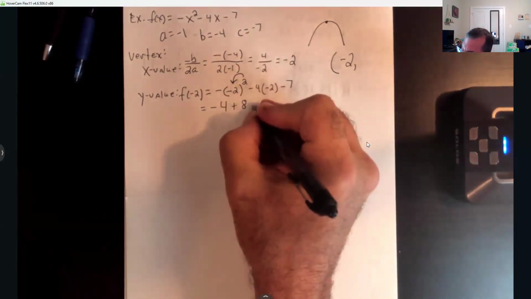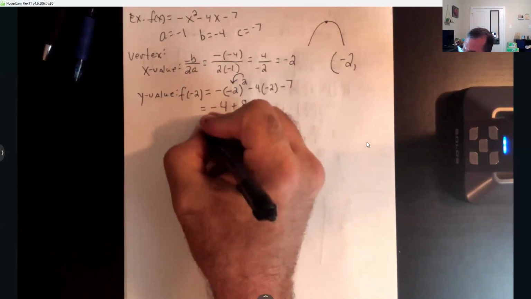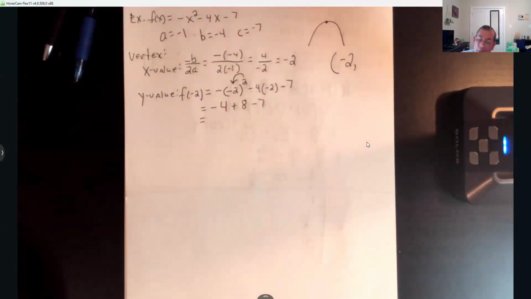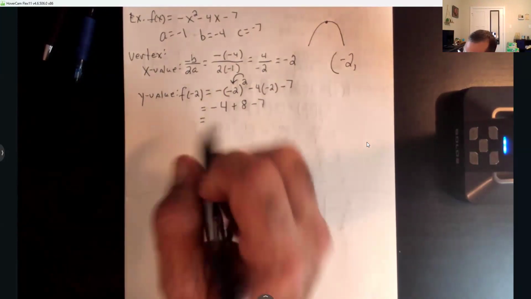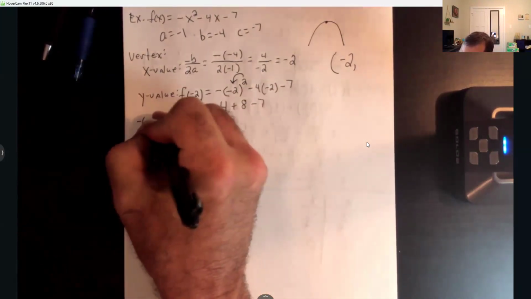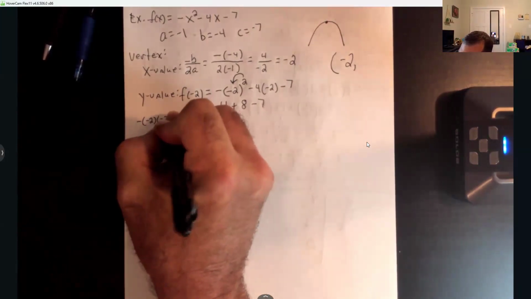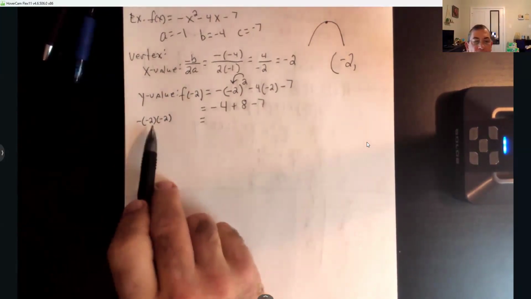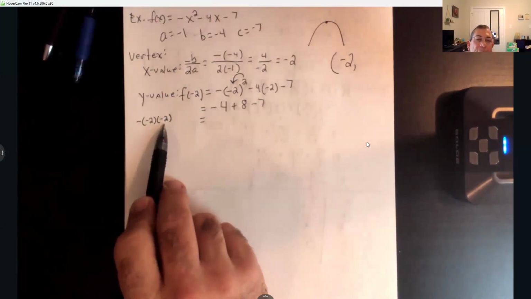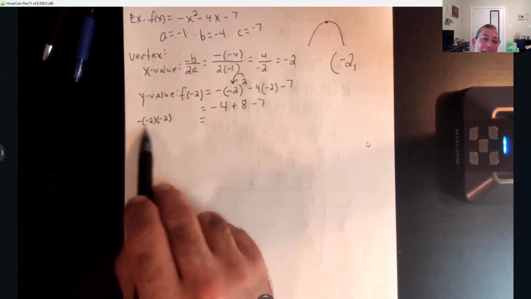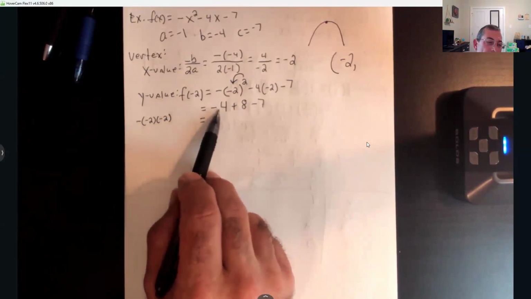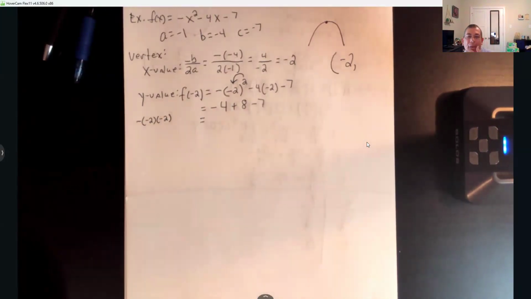And then at the end, minus 7. Because y'all really, this negative times that negative 2 squared, that's really this going on. Right. Negative 2 squared means you got 2 of those. So there's not only 2 negatives there. In all reality, that's 3 negatives. And that's why that stayed negative, okay?